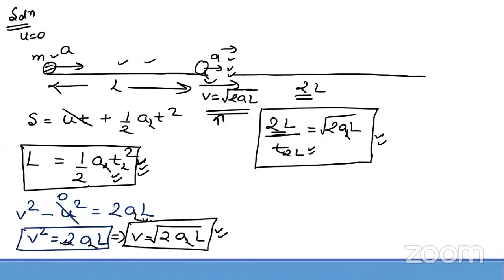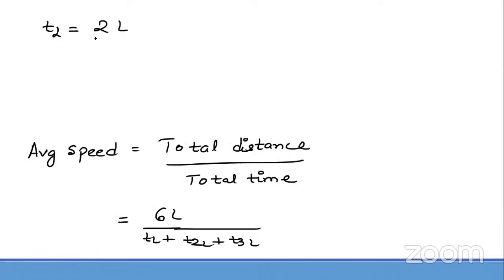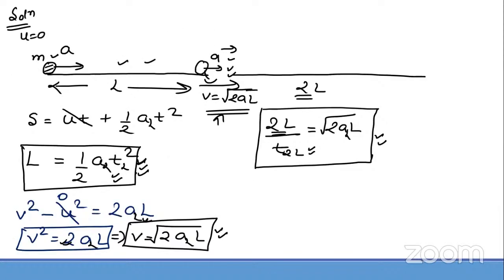This is equal to under root 2L upon AL. So this is same. I should not have erased this. Under root 2L upon AL. Time for 2L distance is how much? Time for 2L distance is 2L under root 2AL. Okay. So this is the point. For the 2L journey, how much time will it take? It is 2L under root 2AL.